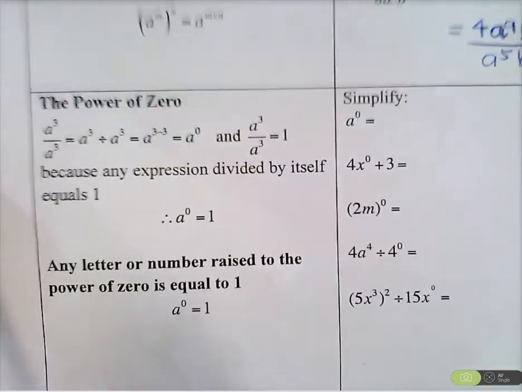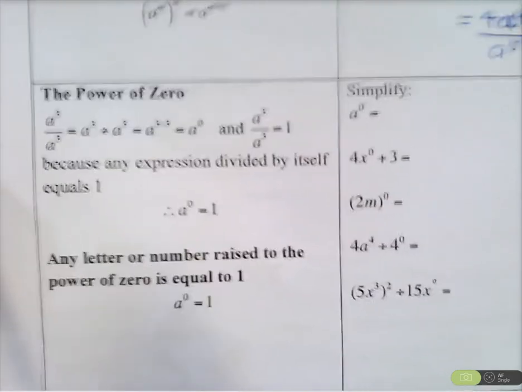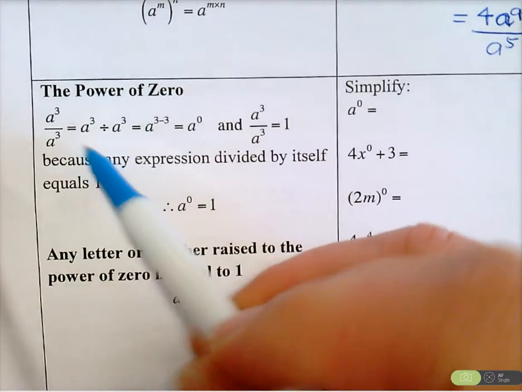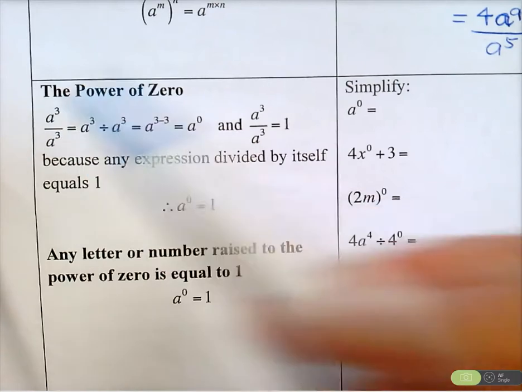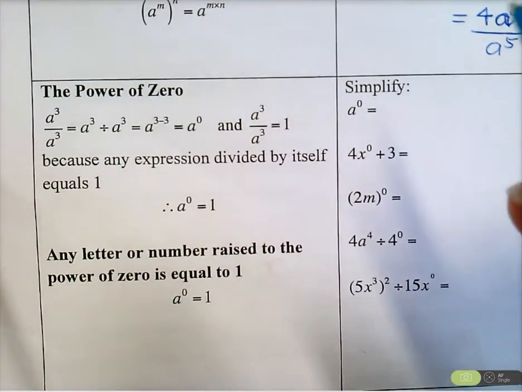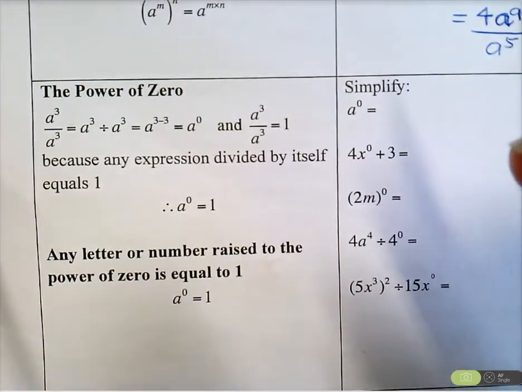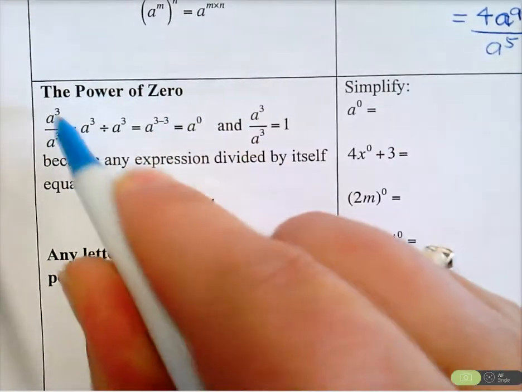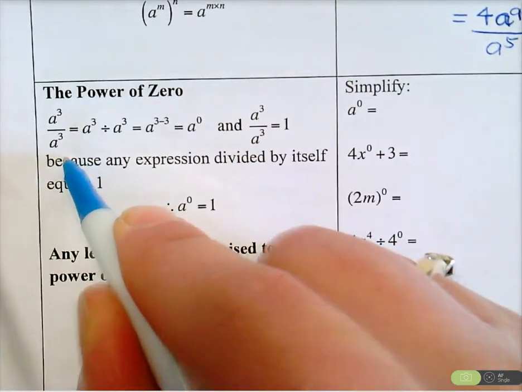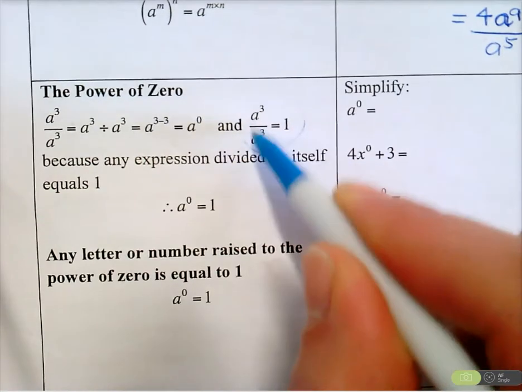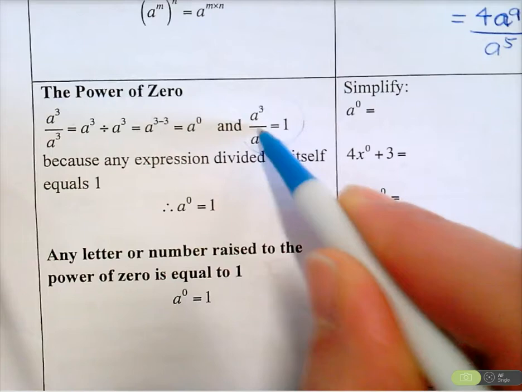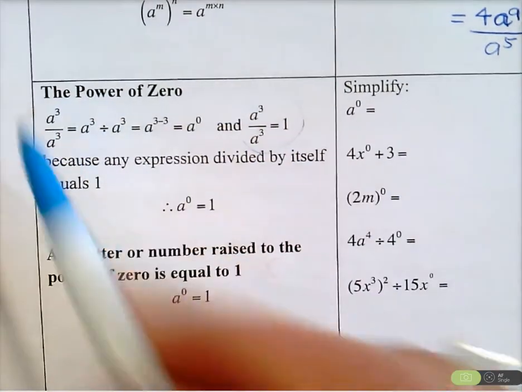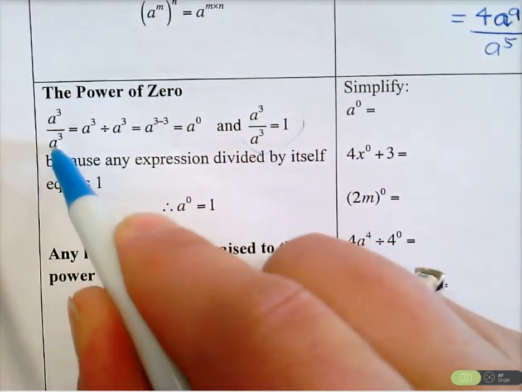Okay, girls, listening closely. What's 5 divided by 5? 100 divided by 100? Anything divided by itself is 1. Now looking over here, a cubed divided by a cubed.